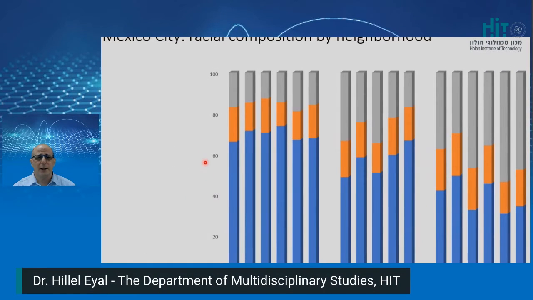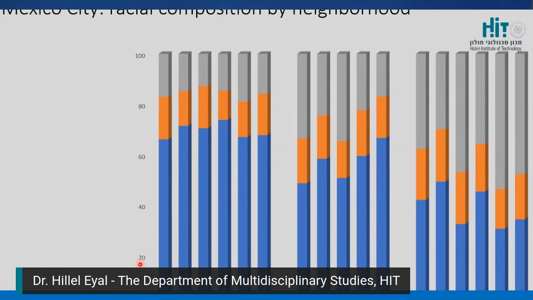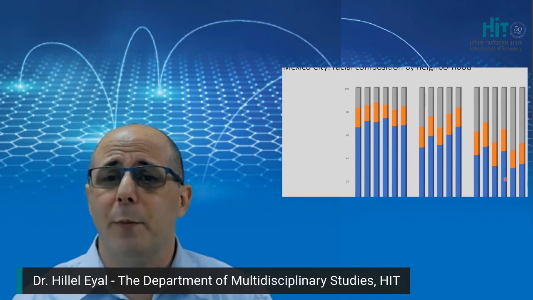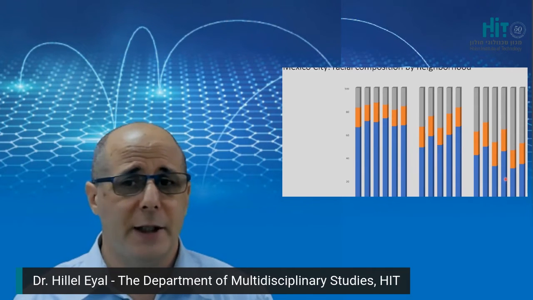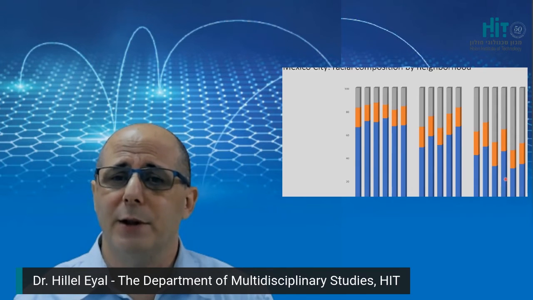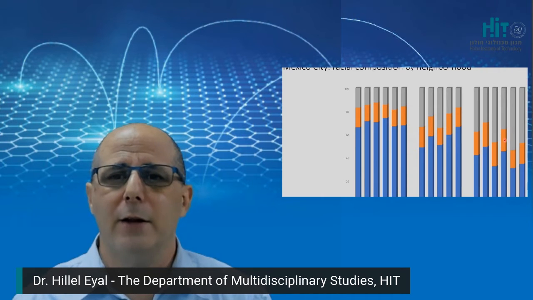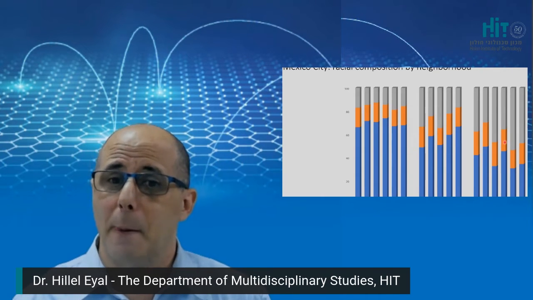You can see that in the neighborhoods of the center, there's a great percent of Spaniards, much more than in the semi-periphery and in the periphery. So the further we move to the periphery of Mexico City, we see a greater percentage of Indians, which is the gray part of the column, and castas, racially mixed people.